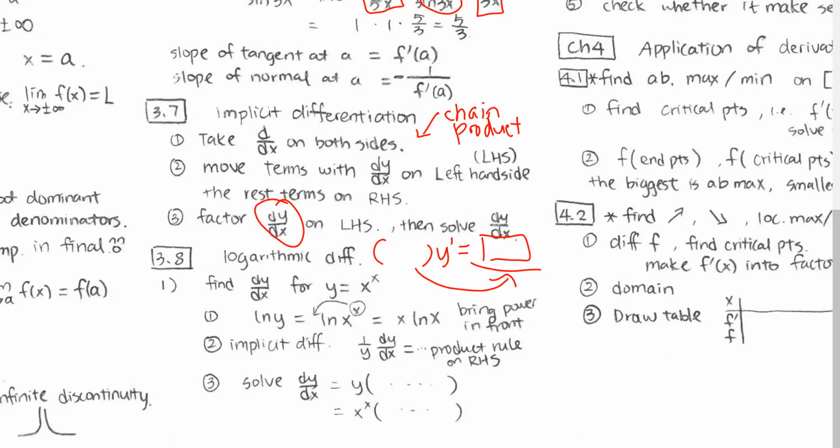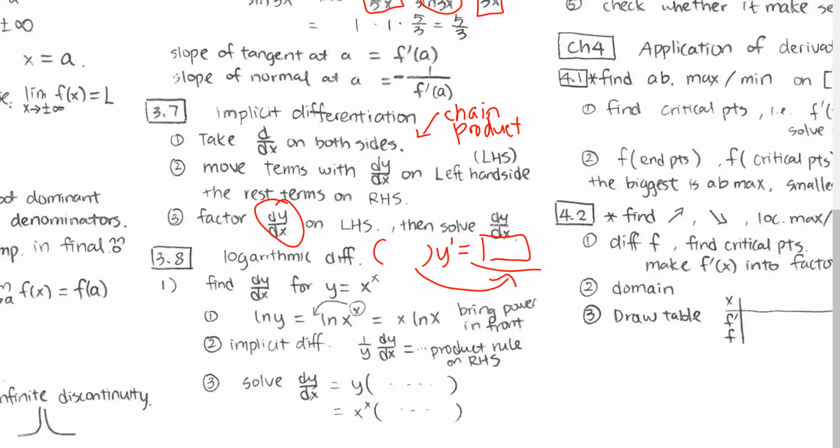Derivative of ln of x, okay, the logarithmic function, is 1 over x. Derivative of log base b of x is what? 1 over x, and then in the denominator, you also have ln of b. I hope you can memorize all of these formulas, okay?